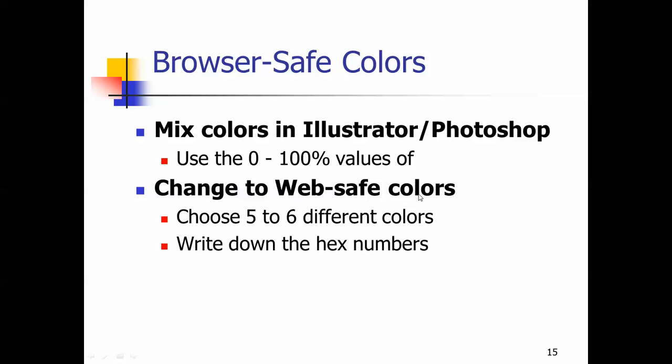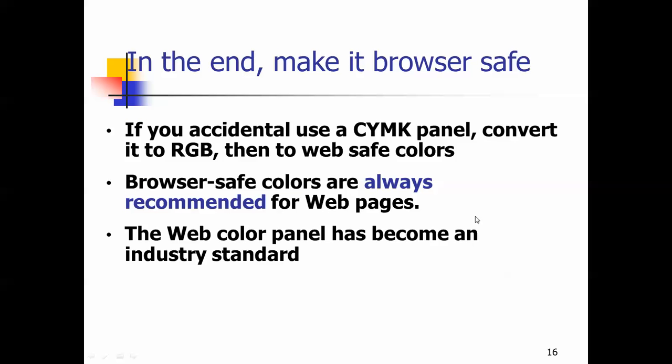For example, let's say you have a logo, and the logo, of course, was designed using PMS colors. Well, those colors can be converted to RGB colors and then to web safe colors. Remember, always write down your hex numbers. So in the end, make it browser safe.